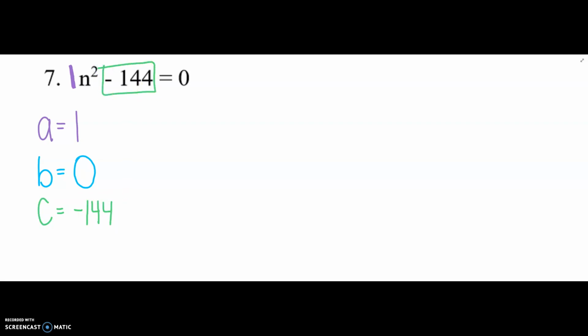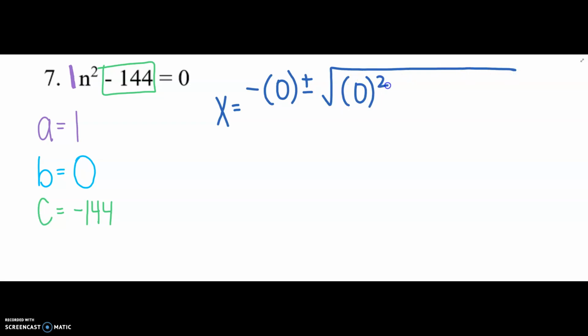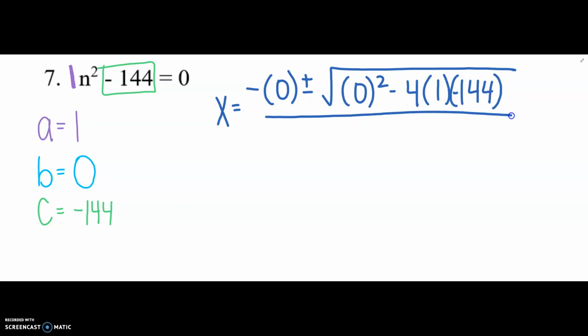So now I'll plug this into my quadratic formula. I have x is equal to negative b plus or minus the square root of b squared minus 4 times a times c, and remember that's negative 144, all over 2 times a.